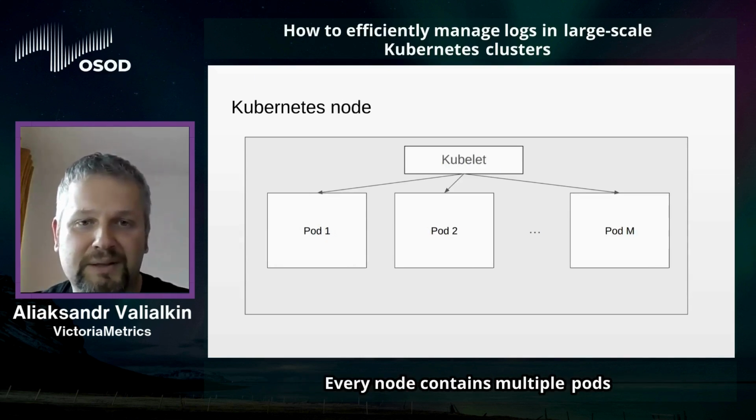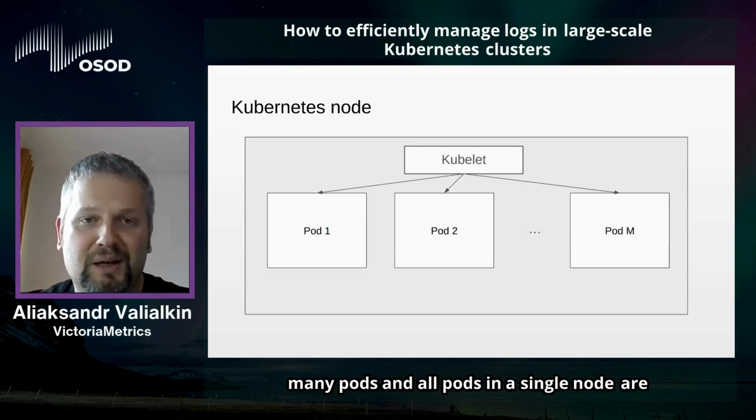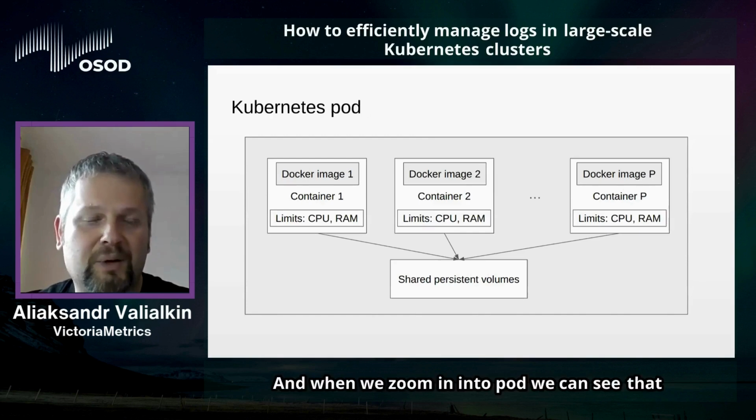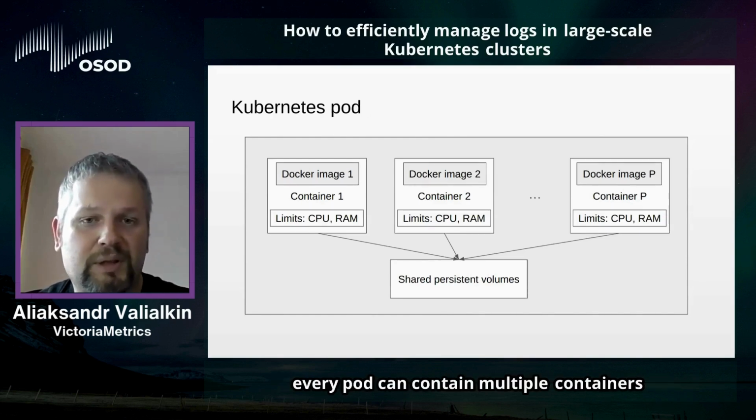Every node contains many pods, and all pods in a single node are controlled by kubelet, part of Kubernetes. When we zoom in on a pod, we can see that every pod can contain multiple containers.